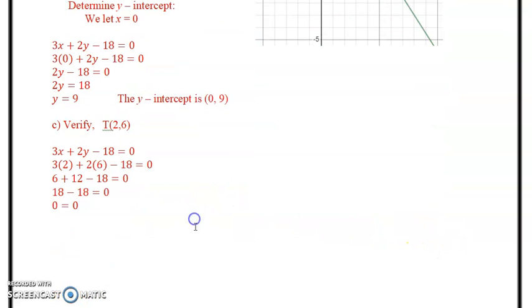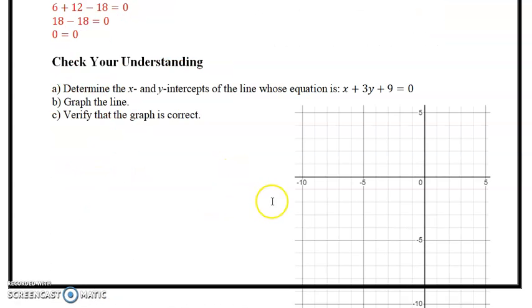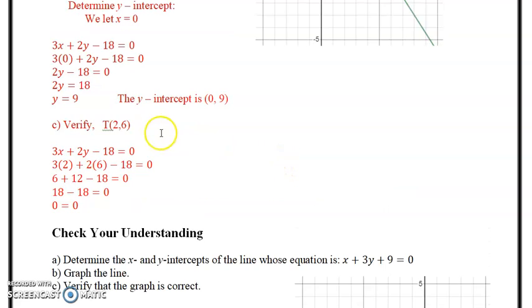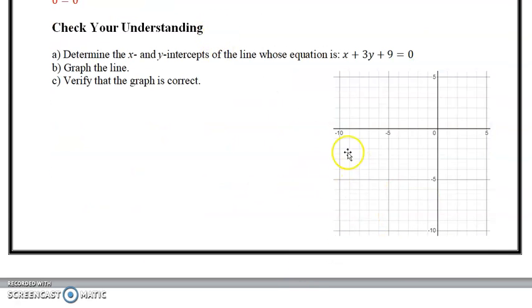There we go. So there's a check your understanding that goes along with this. Very similar to what we just completed. And you can do the same thing.